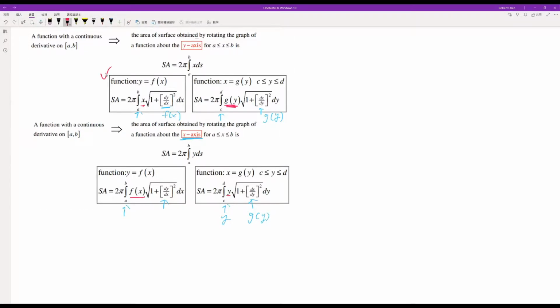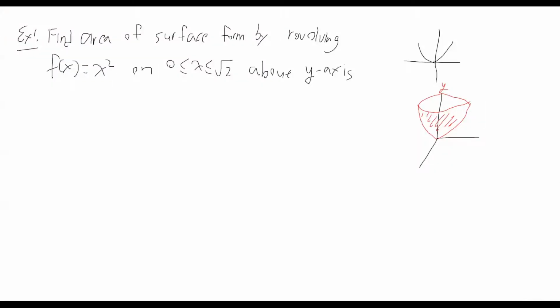Right, so let's just copy this over. All right, here we go. So we have our surface area is equal to the integral going from a to b of 2 pi x times the square root of 1 plus dy dx, or f prime, squared.